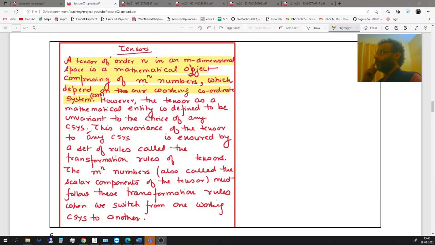So I want to start with my attempt to answer this question: what are tensors? A tensor of order n in an m-dimensional space is a mathematical object comprising m raised to the power n numbers, which depend on our working coordinate system.